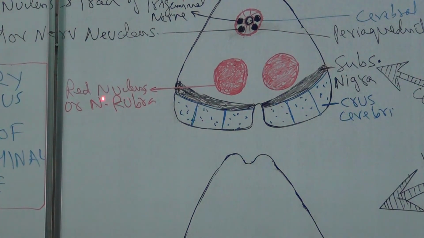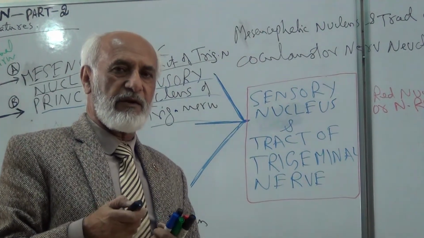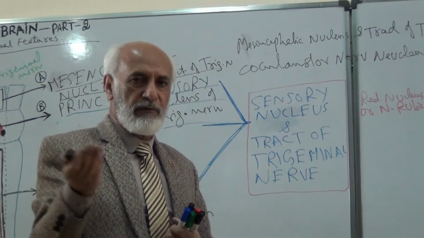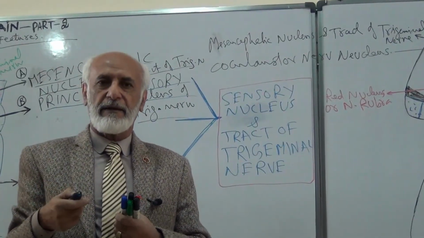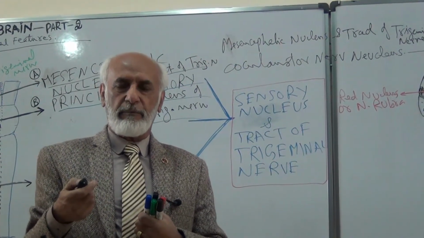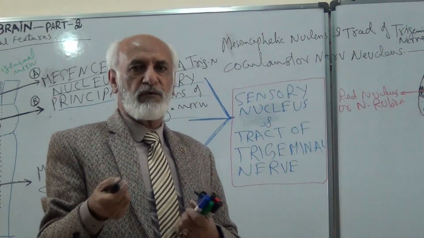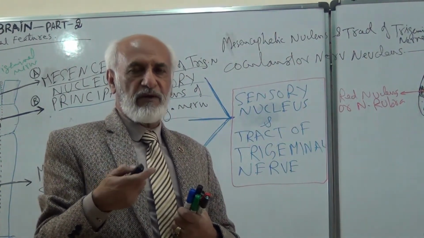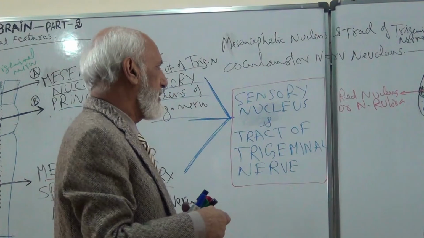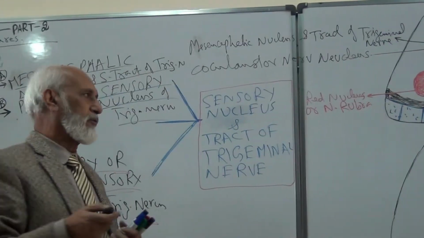This is known as red nucleus or nucleus rubra because it appears reddish or pinkish in color in life, in a living subject. It is because of its high vascularity and iron content that it appears red. But in a specimen, if you cut a section, it will not appear red in color, but can easily be identified from the rest of the structures of the midbrain. But in life, it appears red in color because of high vascularity.